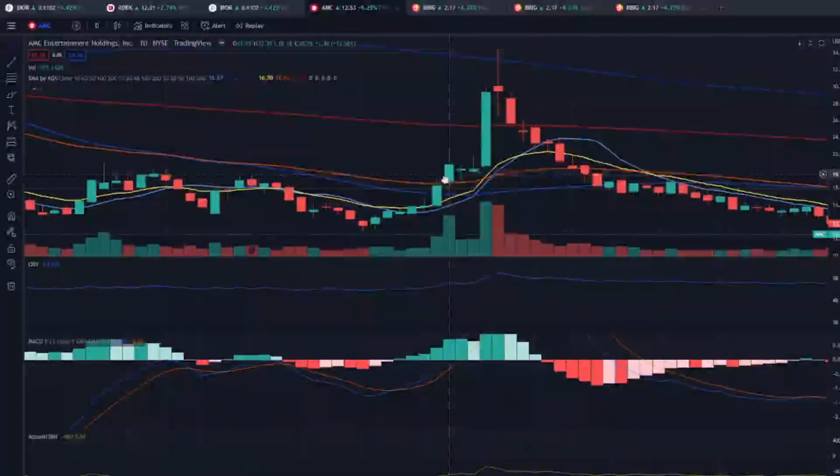The moment I broke above both these moving averages, that's a point where I said this is strong momentum. And my position-taking confirmation for myself is the moment the short-term moving average crossed over the long-term one.